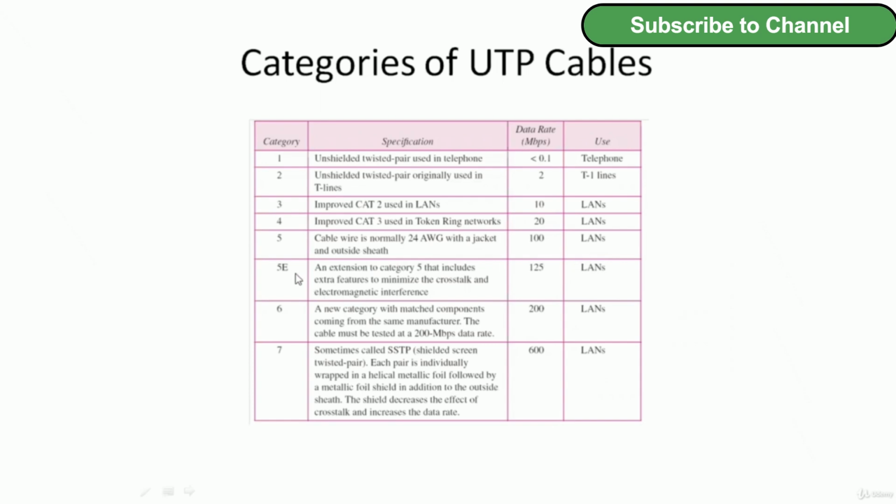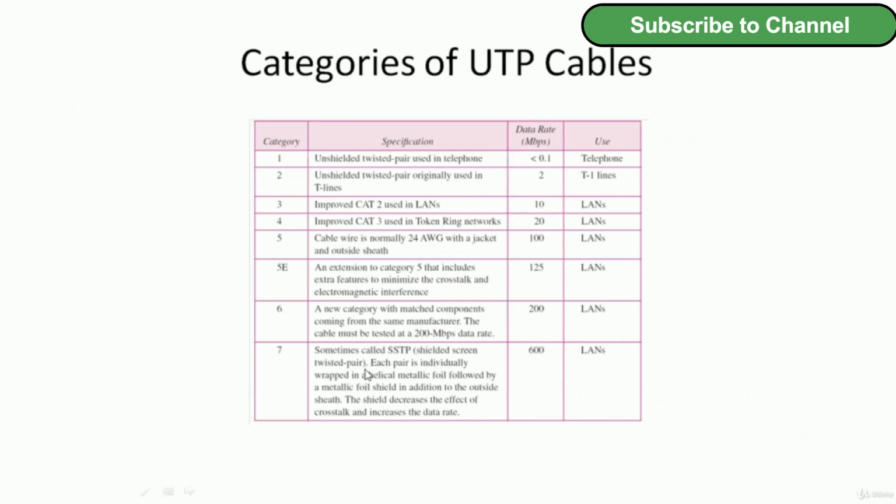Then 5E, extension of the category 5, data rate is 125 and used in LANs, which minimizes the crosstalk and electromagnetic interference. Then category 6, it is the new category, matched components coming from the manufacturer. The cable must be tested at the 200 Mbps data rates, used in LANs.